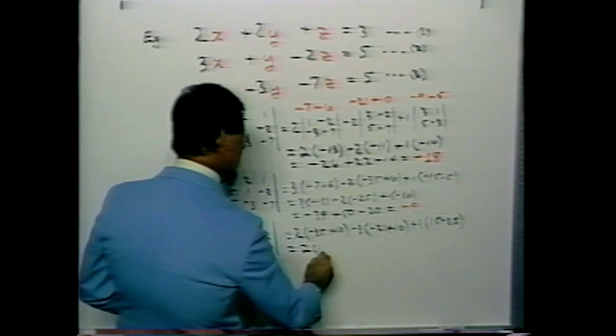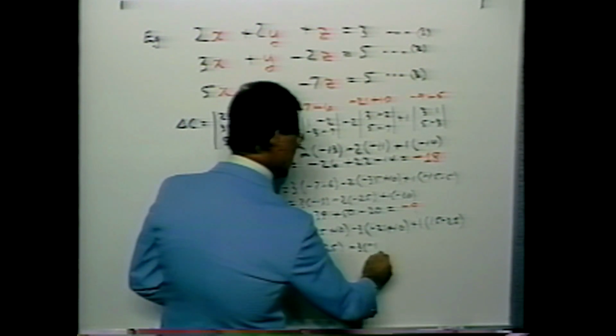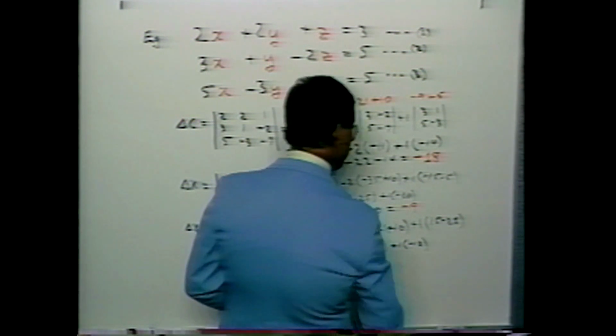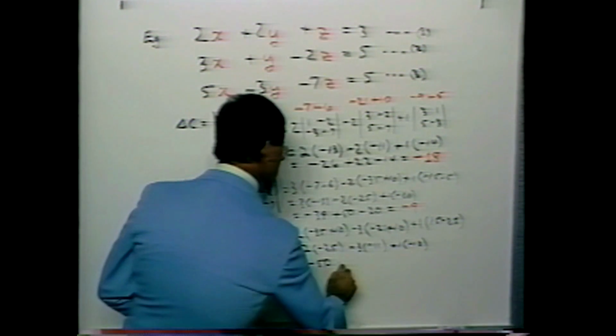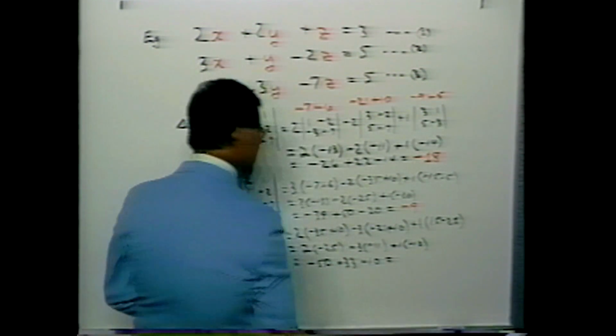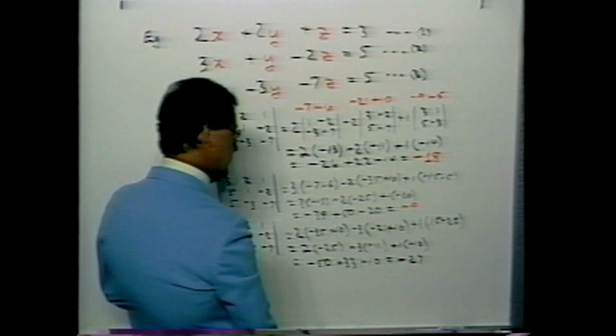Simplifying, we have 2 times minus 25 minus 3 times minus 11 plus 1 times minus 10. This is equal to minus 50 plus 33 minus 10 for a total of minus 60 plus 33.